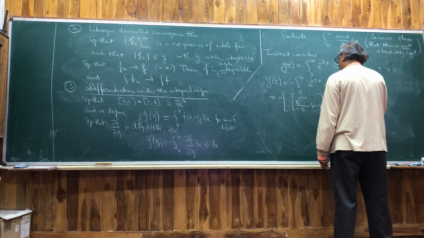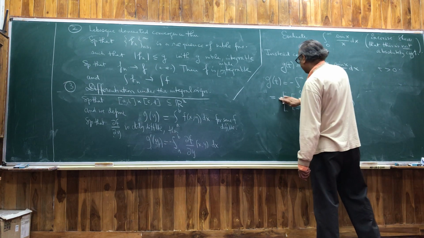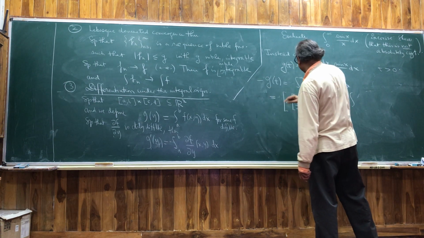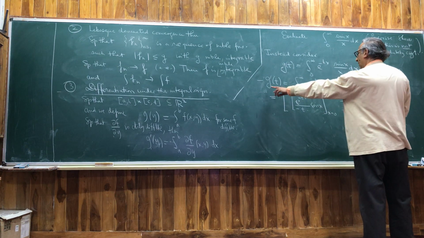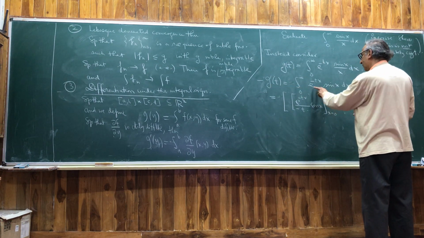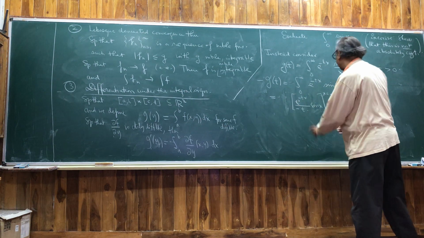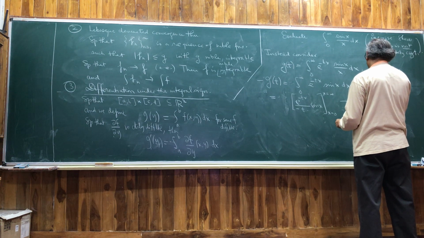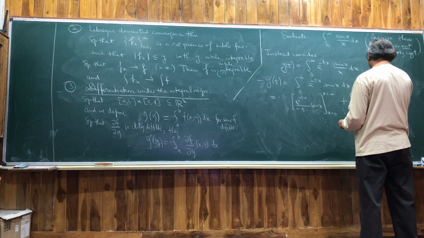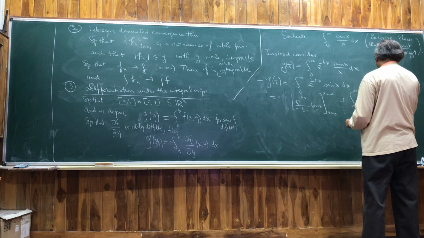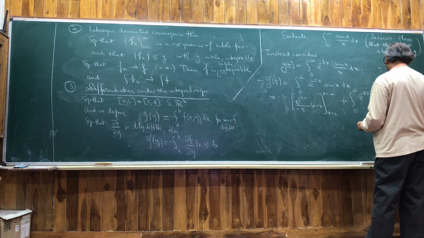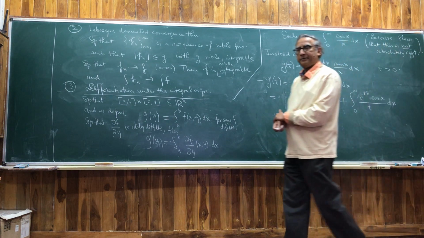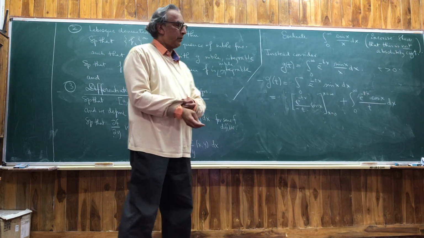So let's move the sign to the other side so that I don't get confused. So minus g prime of t is equal to that. Now I integrate and we get the integral from 0 to infinity of e to the minus tx cos x over t dx. Fair enough? When you check the integration, check whether I'm doing it correctly.